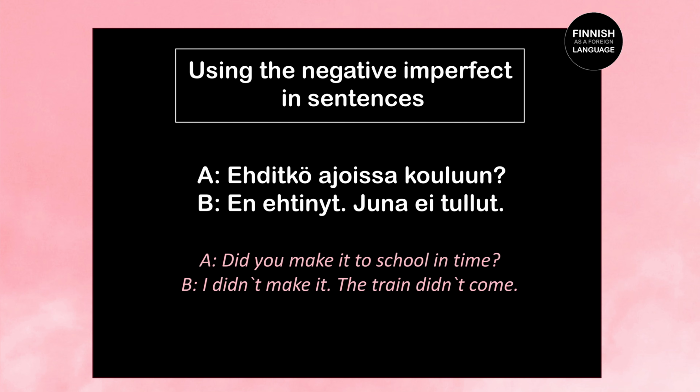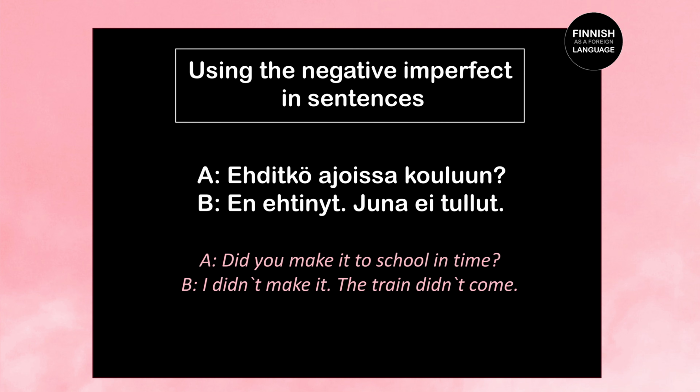One more. A is asking, ehtitkö ajoissa kouluun? Means, did you make it to school in time? And B answers, en ehtinyt. Juna ei tullut. Means, I didn't make it, the train didn't come. So let's go step by step. Ehtitkö is a combination of the second person singular of the verb ehtiä plus the question marker kö. Ehtiä here, by the way, means to make it or to arrive.